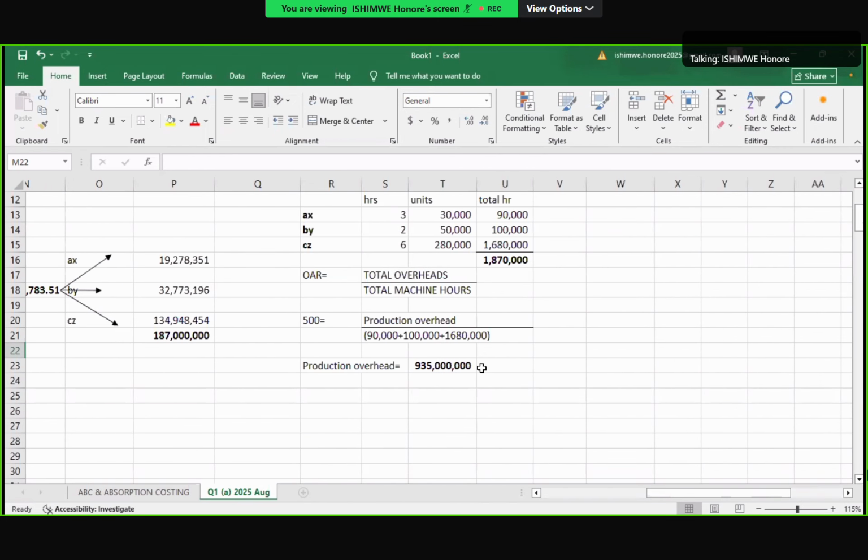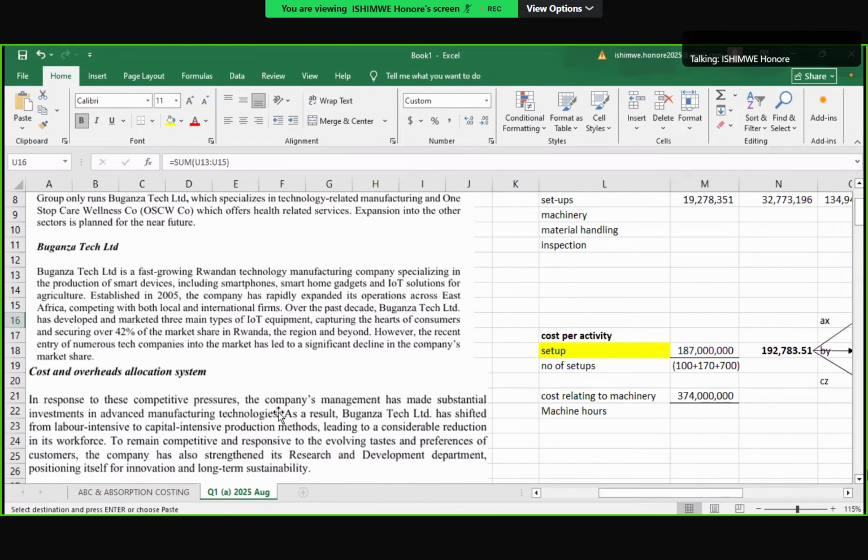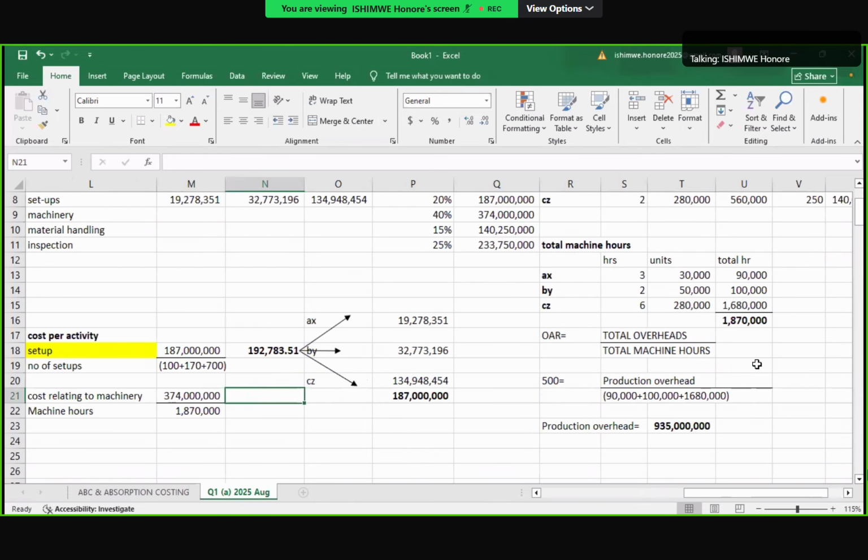Let me avoid complicating life. The total machine hours for A, X and each product is 90 plus 100 plus 1680.